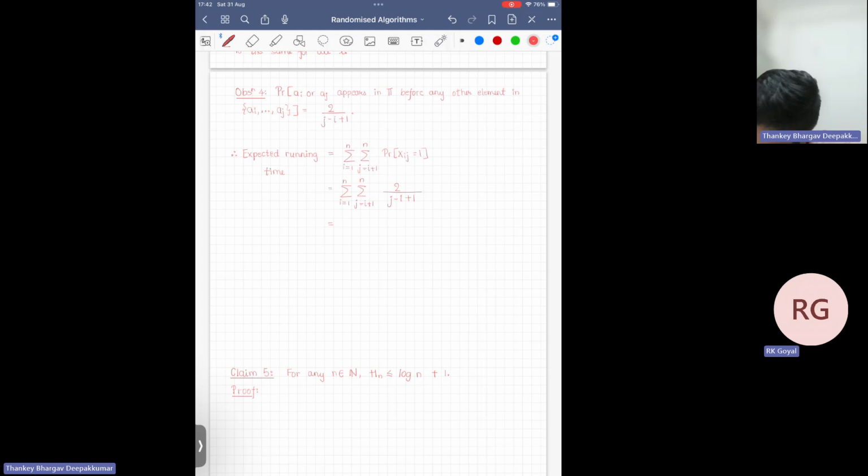For a fixed i, if I fix an i, then this would go from j equals i plus 1.